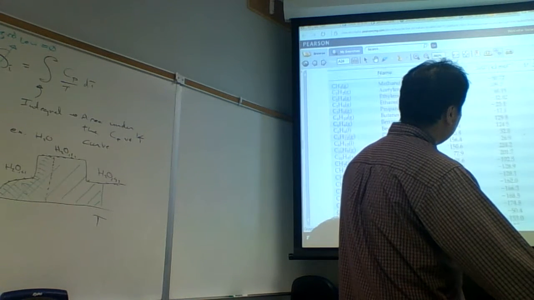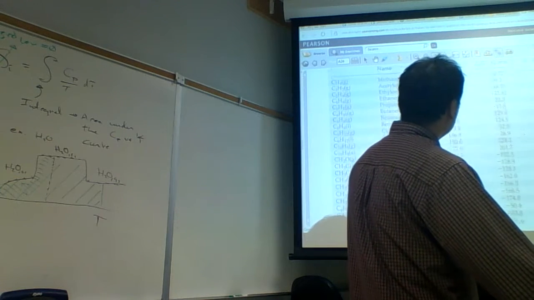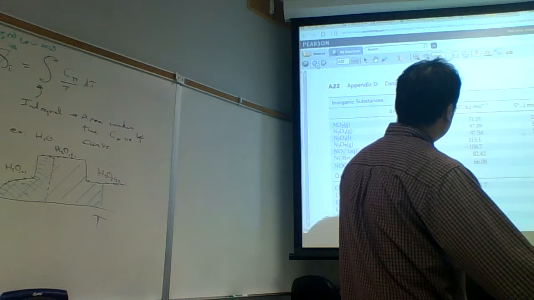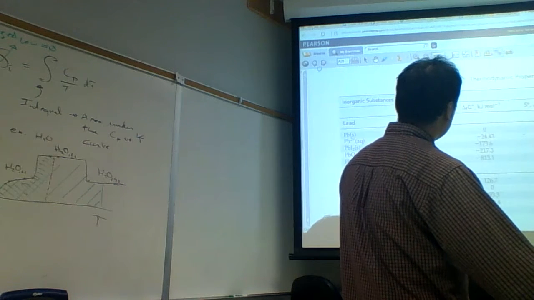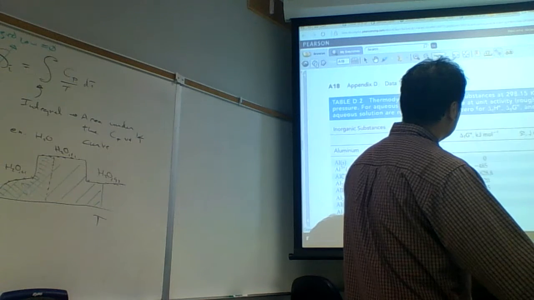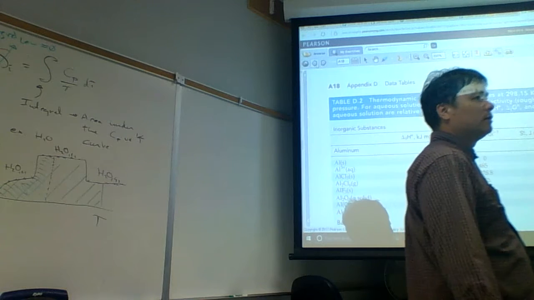Looks like iron 3 and phosphate came close, but not quite there to topple it. So it looks like that's it. We scanned the entire table, 5 pages of it, and it looks like aluminum 3 is it, minus 321.7.